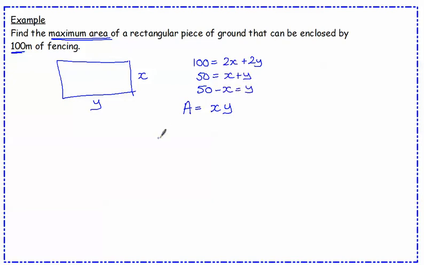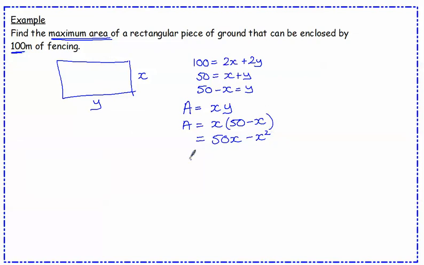I've subtracted x from both sides, which means when we substitute that instead of y, we're going to have 50 minus x. So an equation for our area is 50x minus x squared.